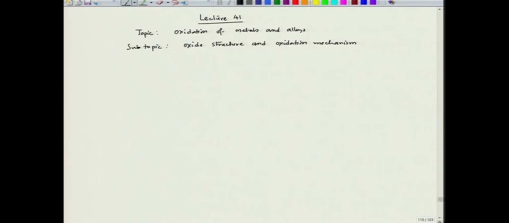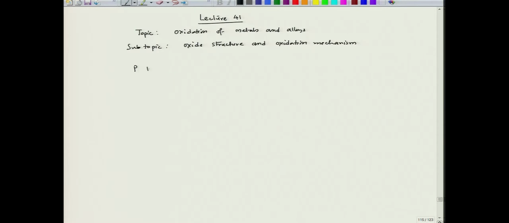In the last lecture, we ended our discussion on the structure analysis of zinc oxide, and we saw that there could be two types of oxides, one is P type and the other is N type. Out of P type there could be two situations: one is a metal deficient oxide or an oxygen excess oxide.